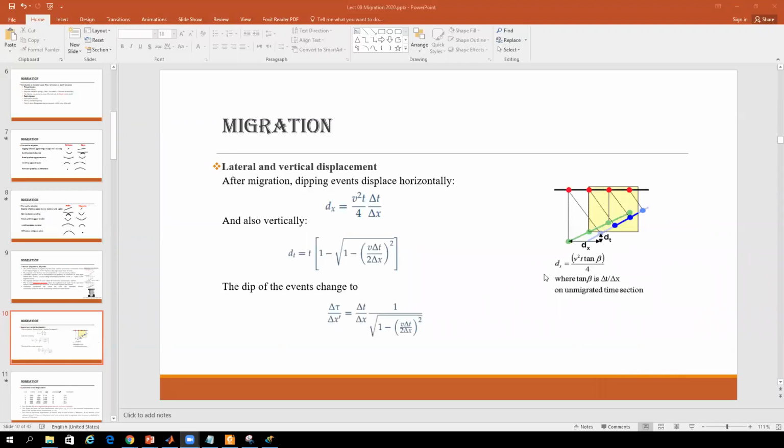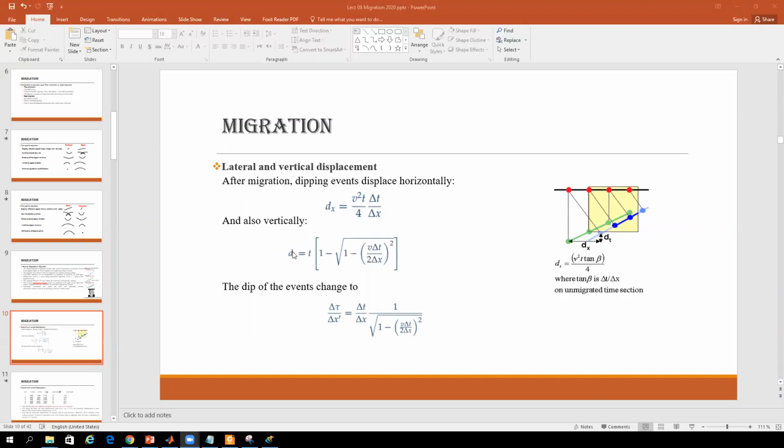So the migration, or this movement or displacement, has a large effect on the data, and we will see that there might be a very big displacement between before the migration and after the migration. We will have a lateral displacement, which we will denote as dx.